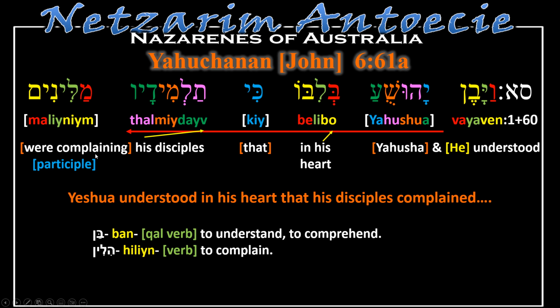Malinim, were complaining. It's a participle type. Right, now where does it come from? Lin. Lin is a verb to complain. Not to be confused with lun, which means to stay or to lodge. But here it means were complaining. And with the mem, it's sort of like a participle form. That's why I've used were complaining. Whereas the English might say, Yeshua understood in his heart that the disciples complained.